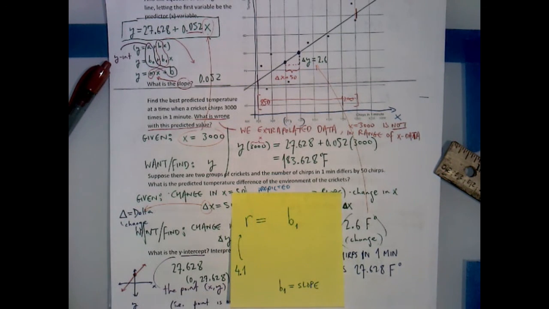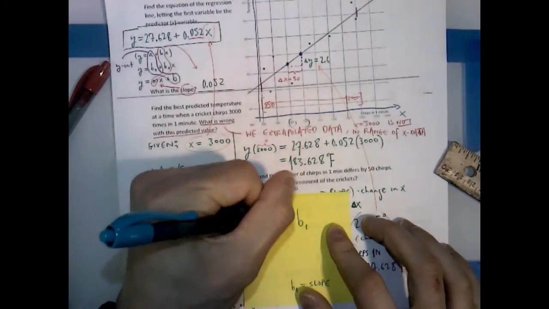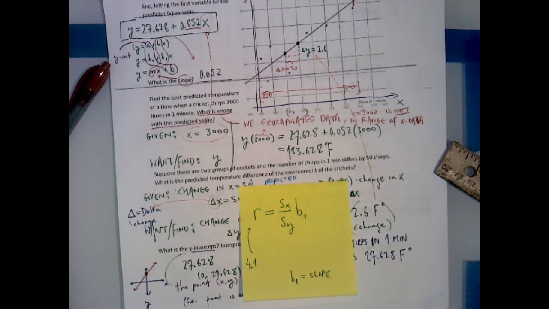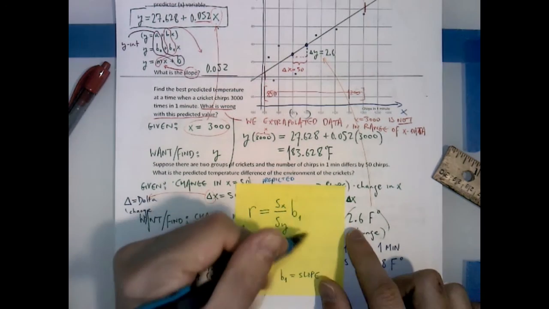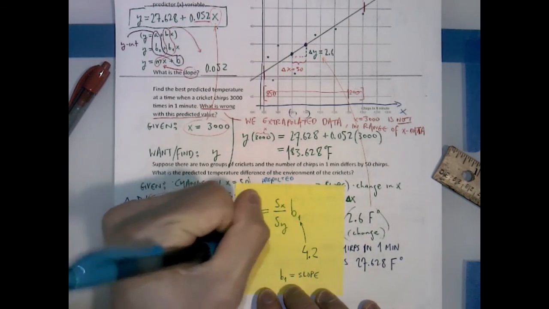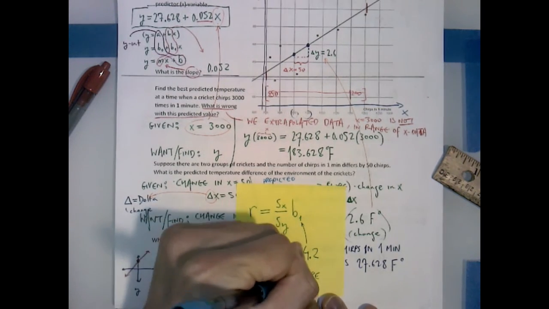I'm looking up to make sure I write down the right formula. It's given by Sx over Sy, where Sx is the standard deviation of the x data and Sy is the standard deviation of the y variable. You don't have to worry about this, but basically these two concepts, this is the thing in 4.2.